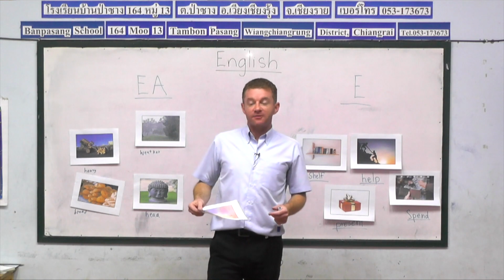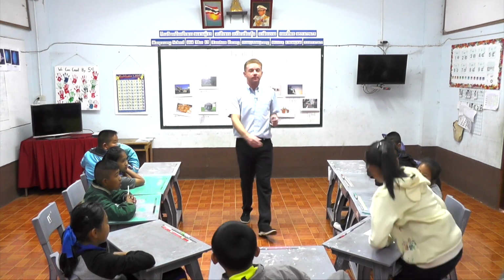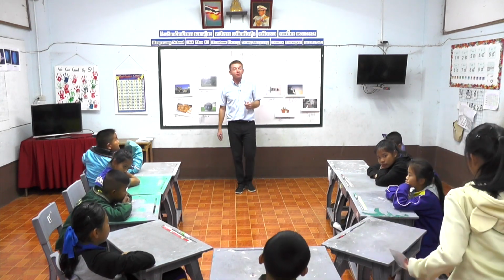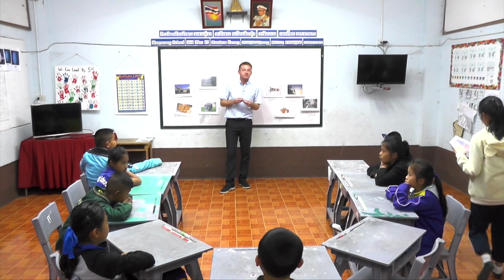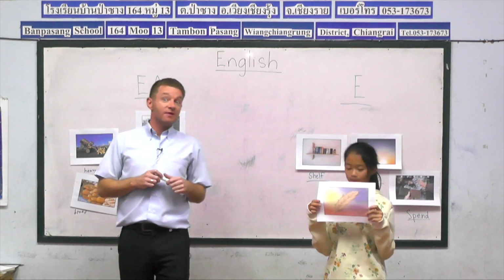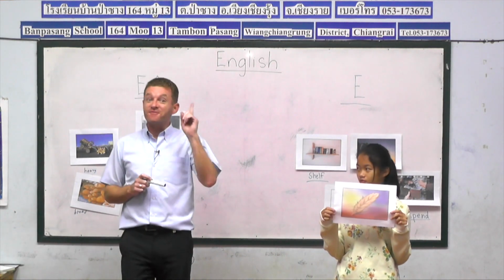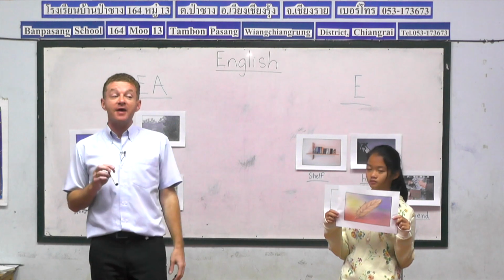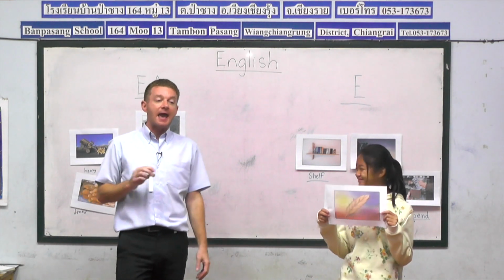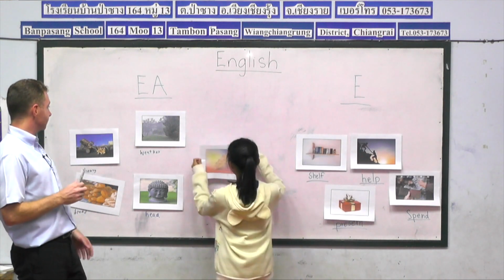And our next flashcard we will give to Down. Okay, so Down, bring your flashcard to the front of class. And what can we see on Down's flashcard, guys? Feather. And how can we spell feather with E or with E-A? Correct. So what part of the board, Down?